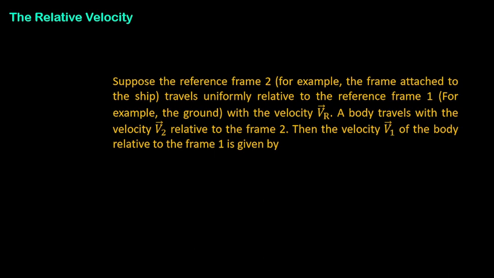A body travels with the velocity v2 relative to frame 2, then the velocity v1 of the body relative to frame 1 is given by the velocity of the second reference frame plus the velocity of the body relative to the second reference frame. This sum is the velocity relative to the first reference frame. So V1 is the velocity of the body relative to the first reference frame, and it is the sum of the velocity of the second reference frame, which moves relative to the first, plus the velocity of the body relative to the second reference frame.